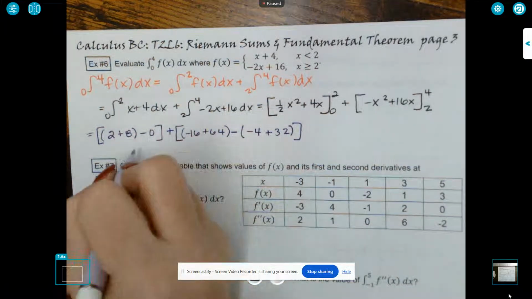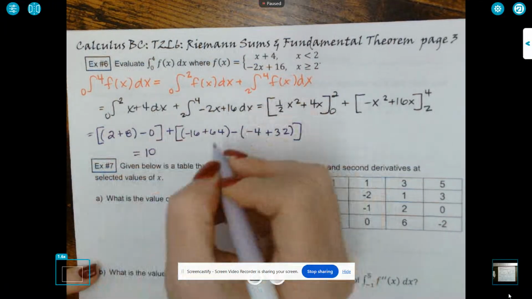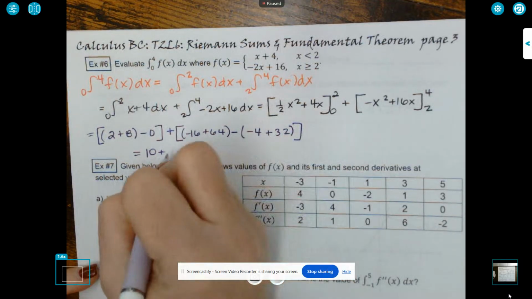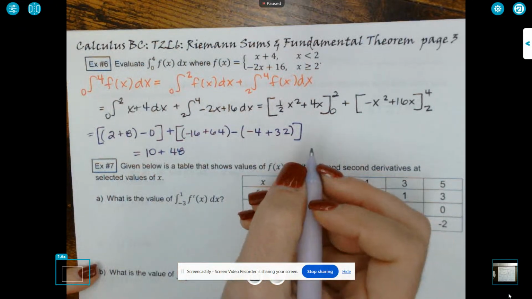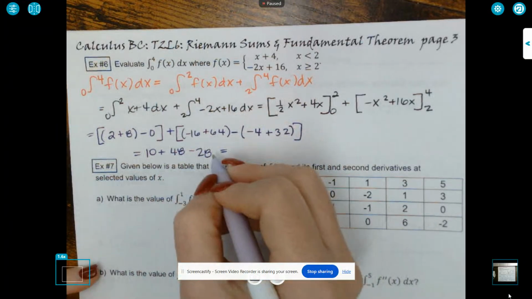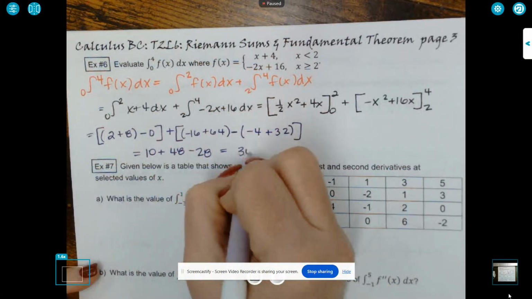All right, so this is going to give me 10 plus 48. That would give me 28, so minus 28. So 48 minus 28 is 20, plus 10 is 30.